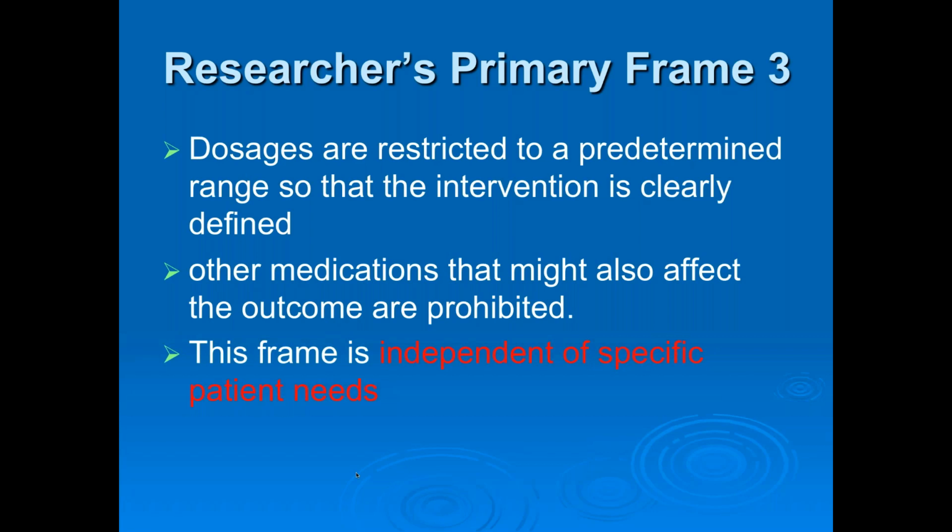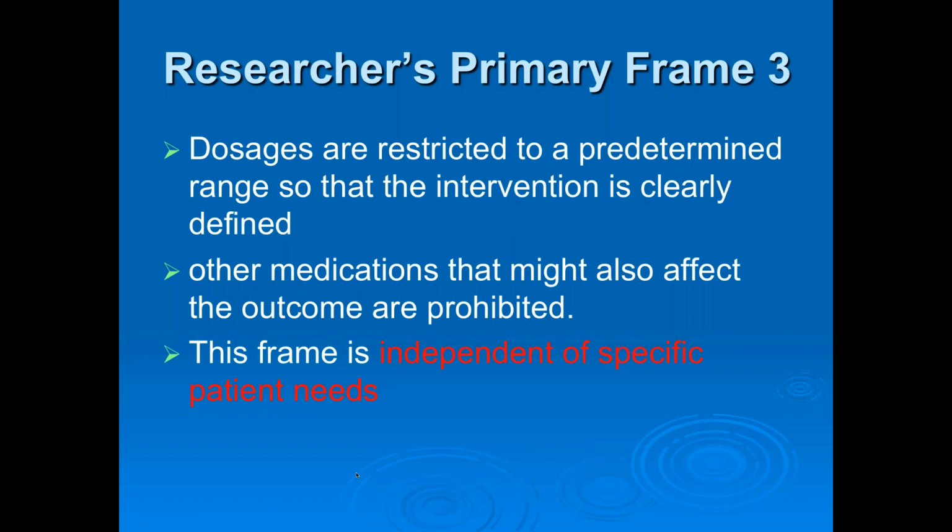So doses are restricted to predetermined ranges so that the intervention is clearly defined. That allows us to write papers saying, okay, this is what the intervention was. We want to keep other medications out because they might be effective. I mean, of course, that's not the way a patient would see this.